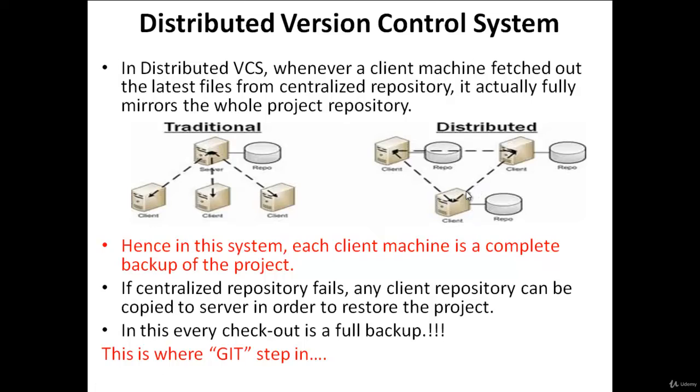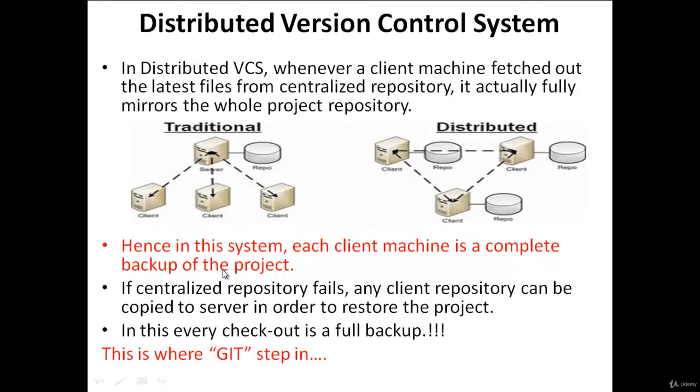So each system is going to have a backup of the entire repository code and files that are maintained via the distributed version control system, right? In this case, each client machine is a complete backup of the project.